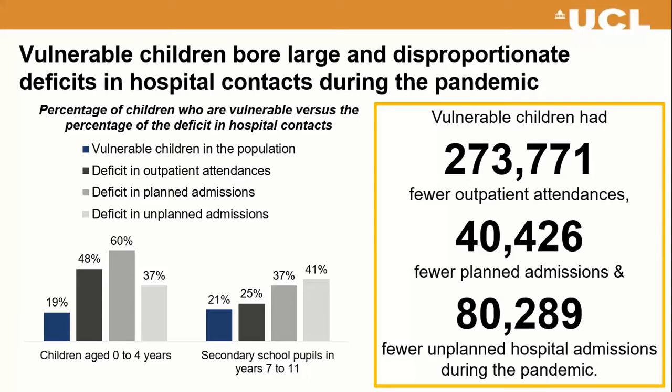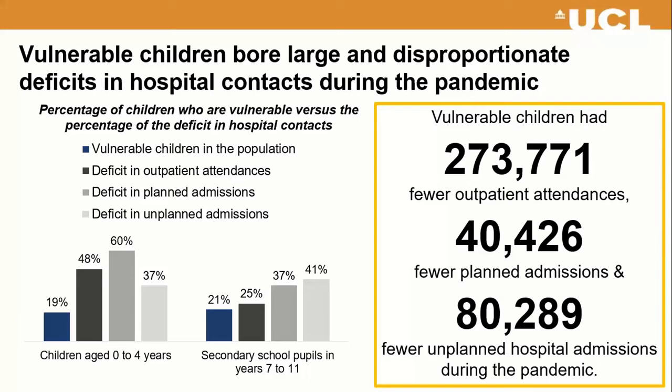So as well as looking at the decrease in rates, what we also looked at was the absolute deficit in terms of the contact with hospitals that children had missed out on in this 9-month period. And what we found is that the children in these two vulnerable groups had very large deficits in hospital contacts in these 9 months. So more than 270,000 fewer outpatient attendances, 40,000 fewer planned admissions, and more than 80,000 fewer unplanned hospital admissions just in this 9-month period.